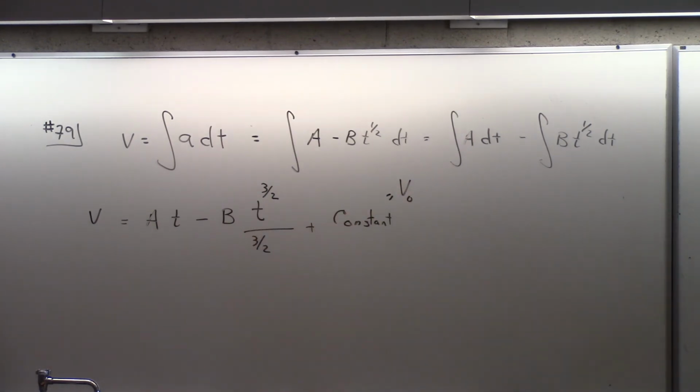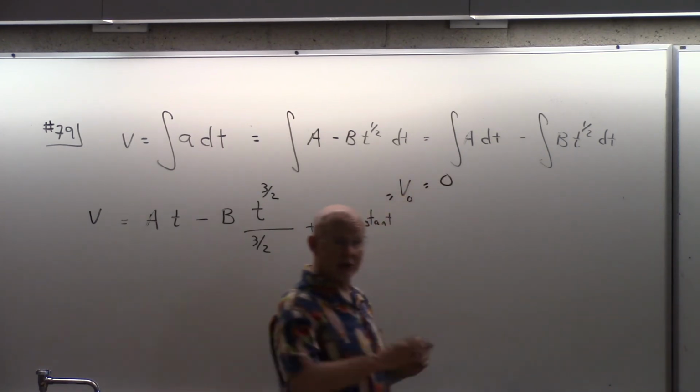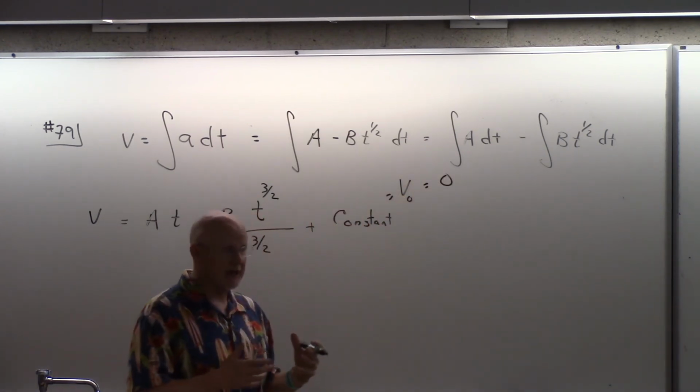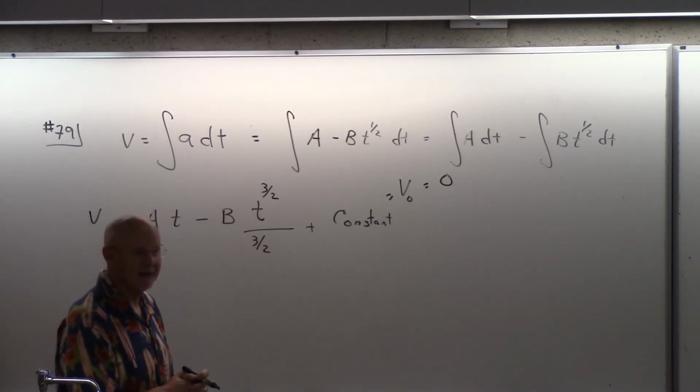Did this problem tell us the velocity started at 0 or not? The rocket, there it is. The rocket starts from rest. So not only do I have to realize that it's the initial velocity, but now I know it's 0. So that's even nicer. That goes away.